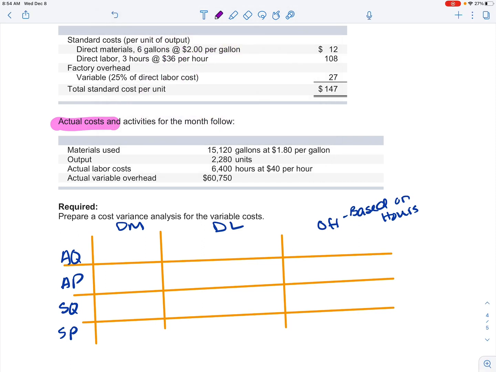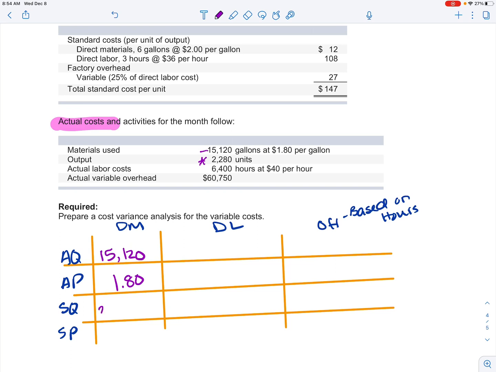I know I'm going to that chart. I'm going to look for my actual quantity used. They give me that. My actual price, again, they give me that. The standard quantity, this I'm going to have to figure out based on actual units produced.